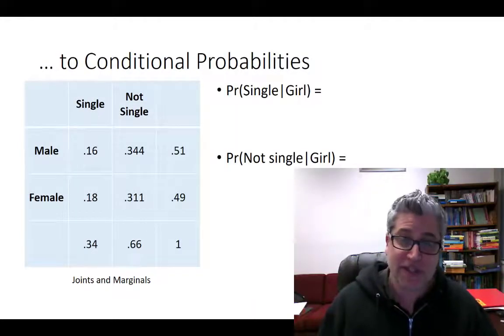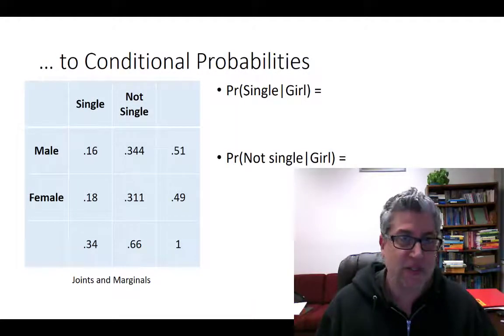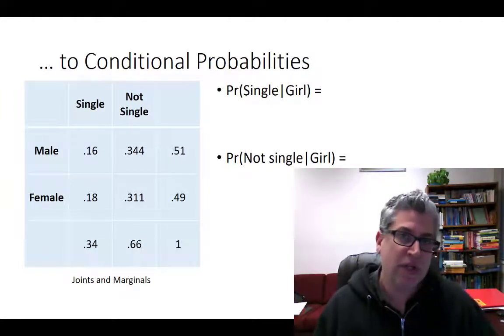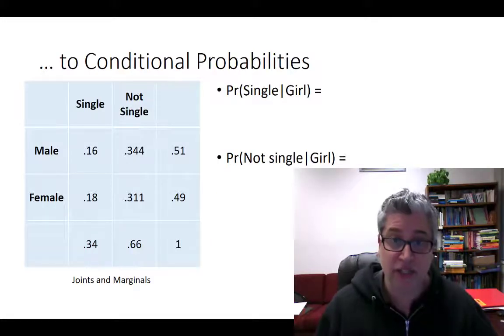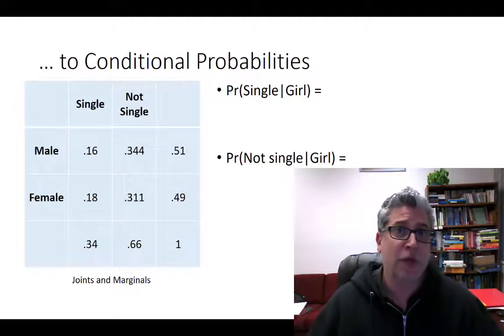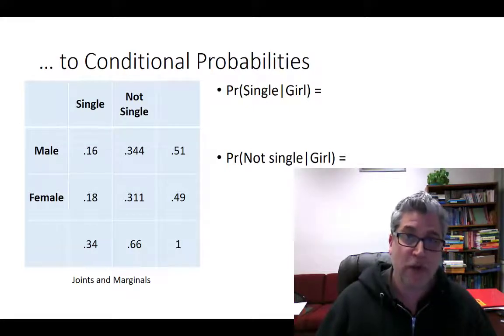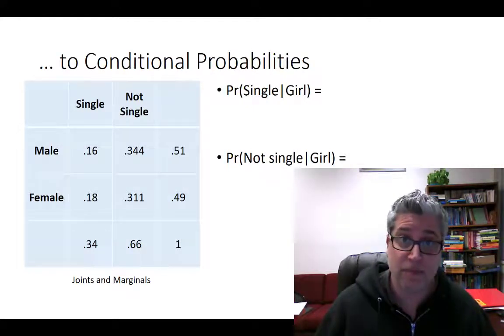Okay, so what I've done in this table is I just recopied all the stuff that we'd calculated, all these joint probabilities, just so that the table isn't all scribble scratchy. And we're going to use this information to calculate conditional probabilities. For example, you're at that bar, you're backing up, bump into somebody, it's a girl. You want to know, is she single or not?